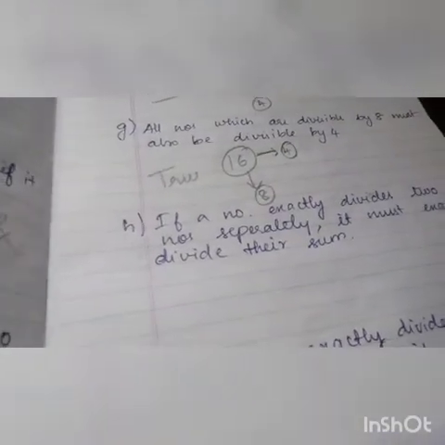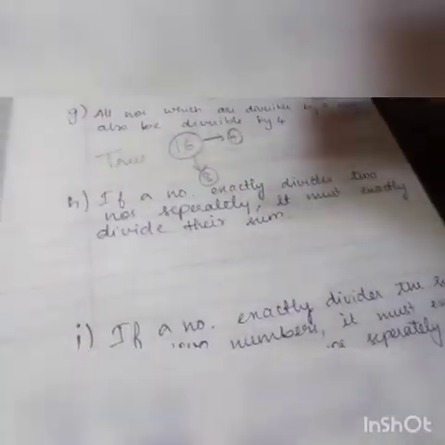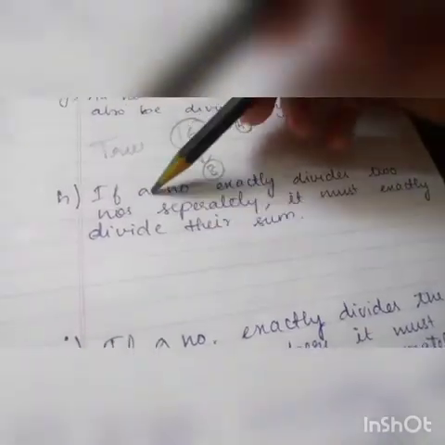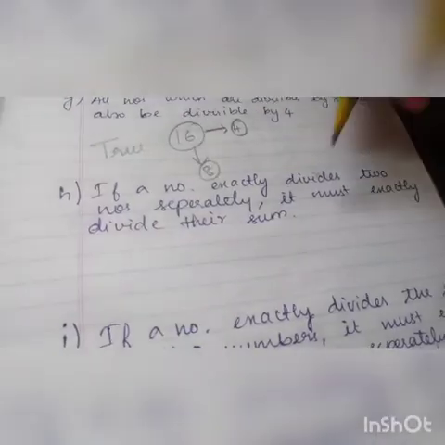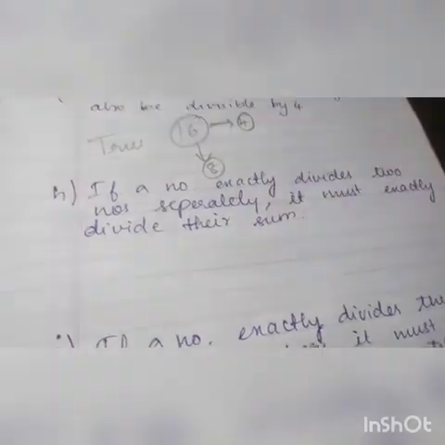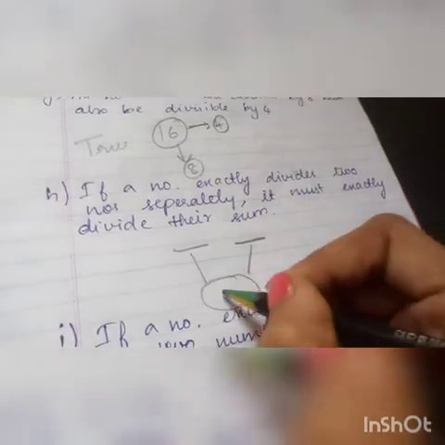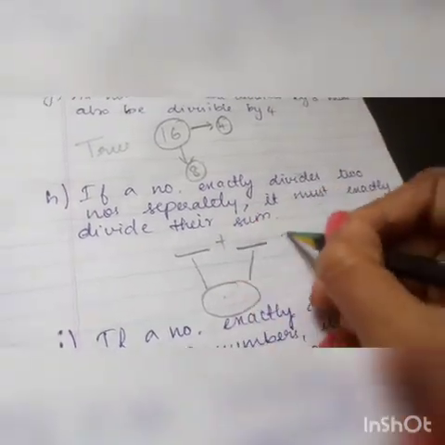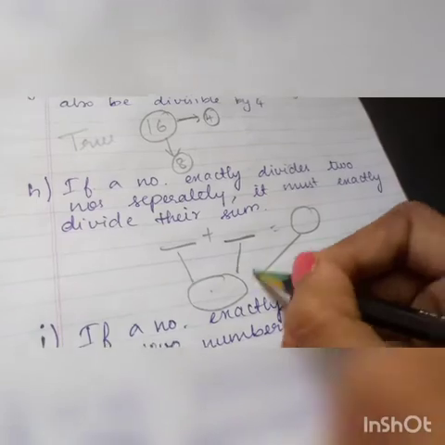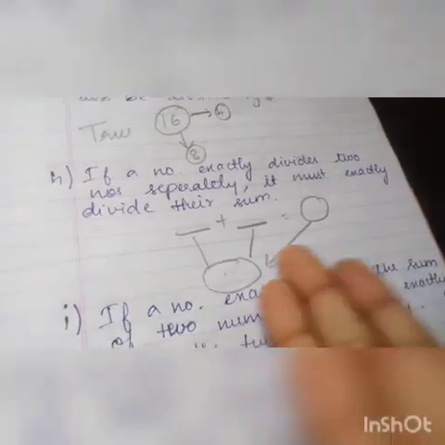Next, H question. If a number exactly divides two numbers separately, it must exactly divide their sum. So they are saying two numbers are exactly divided by one number, then their sum also should be divided by this number. This is one of the rules.